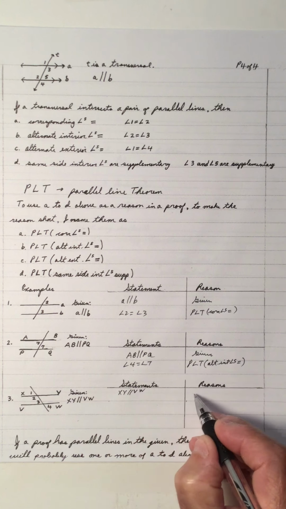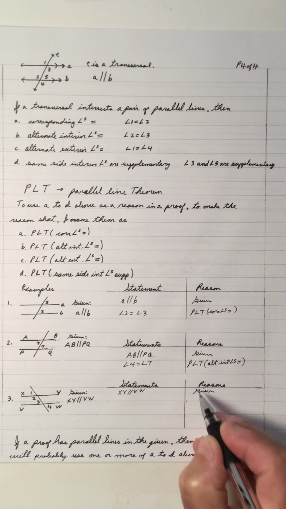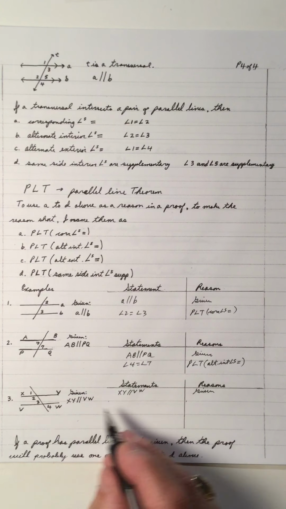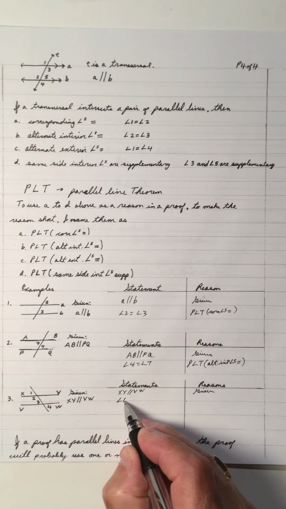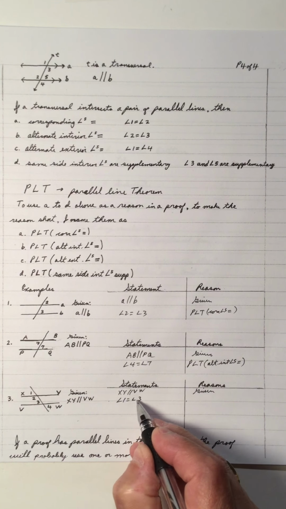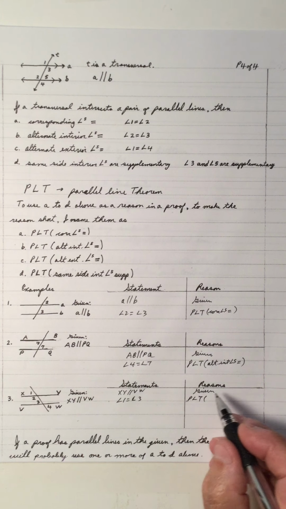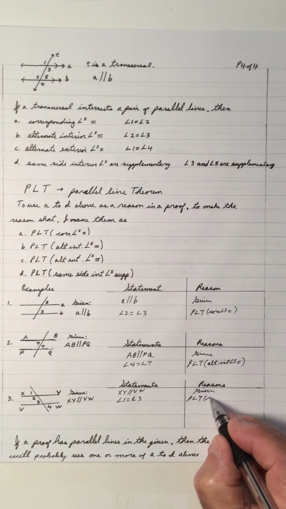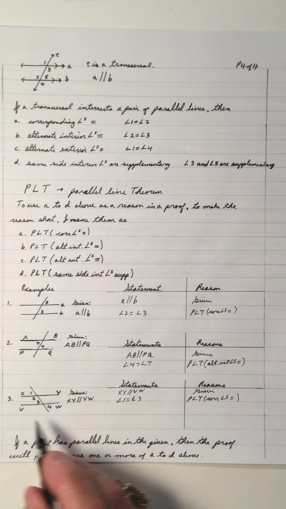And number 3, we have a diagram here, and we're given that XY is parallel to VW. So that's a given. So if that's a given, what can we say? Well, we have many. We can say that 1 equals 3. That's a PLT, and 1 and 3 are corresponding angles. Corresponding angles are equal.